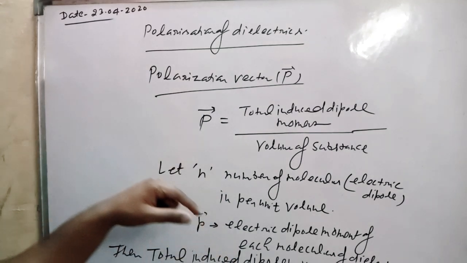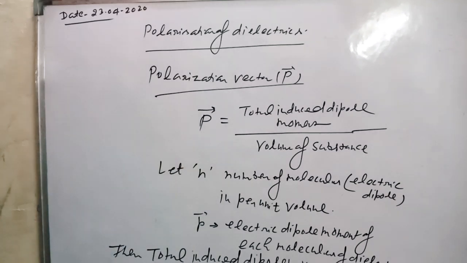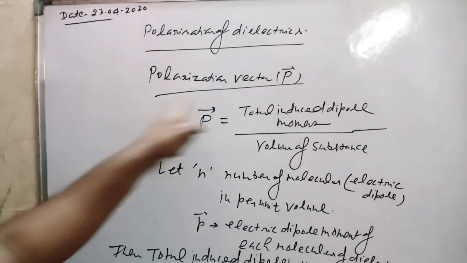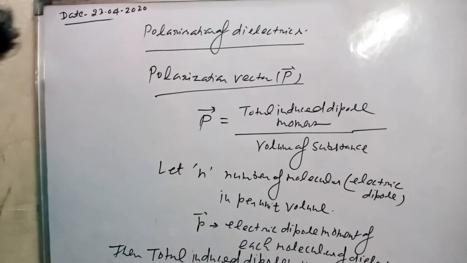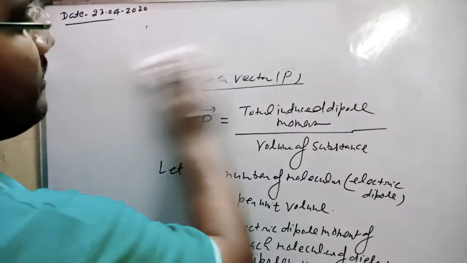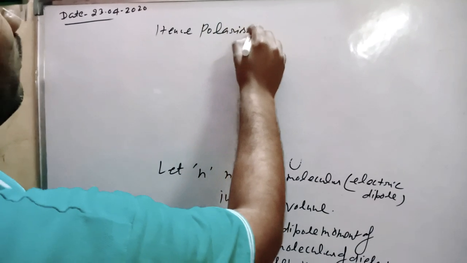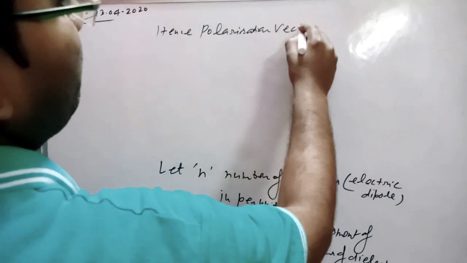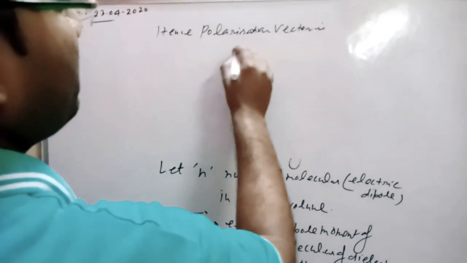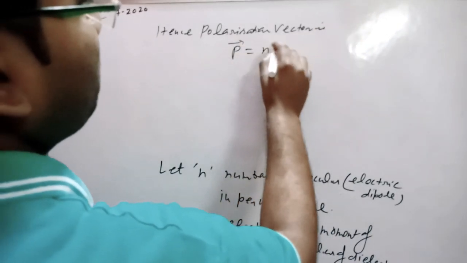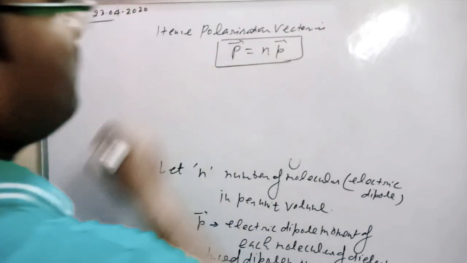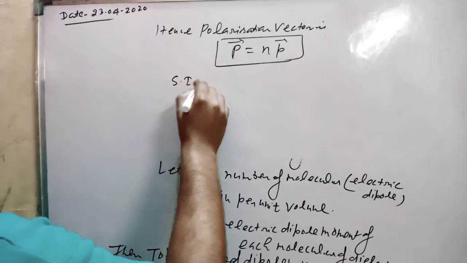And by definition, the total induced dipole moment per unit volume of the substance is called the polarization vector. Hence the polarization vector capital P is equal to Np.